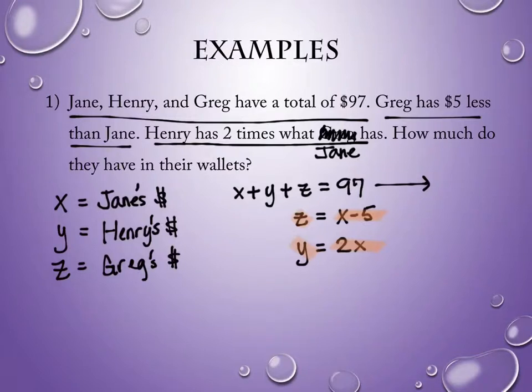I have x and I don't know x, but I do know what y is. y is equal to 2x. And z is equal to x minus 5. And the sum of all that is what? Yeah, it's 97.